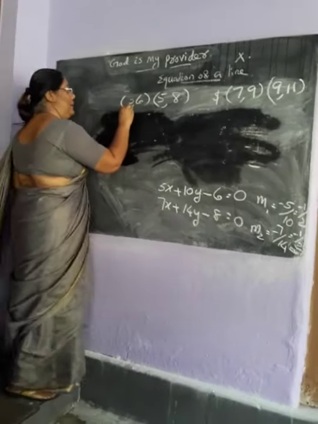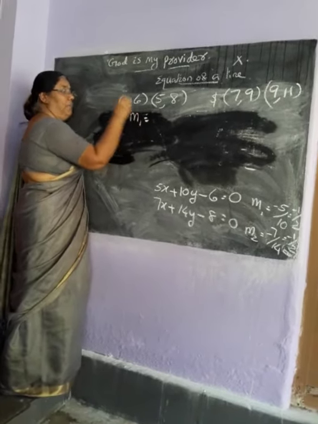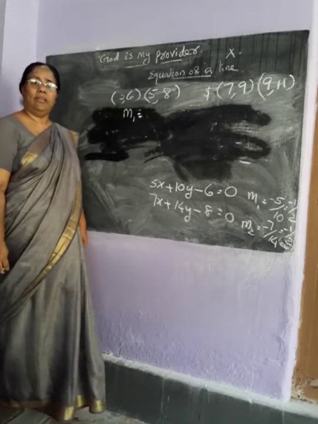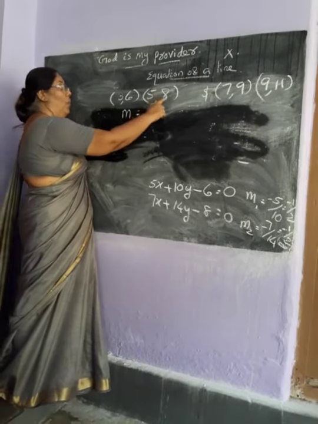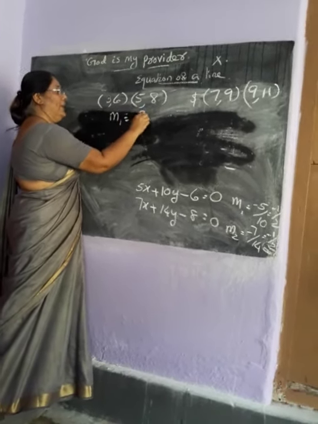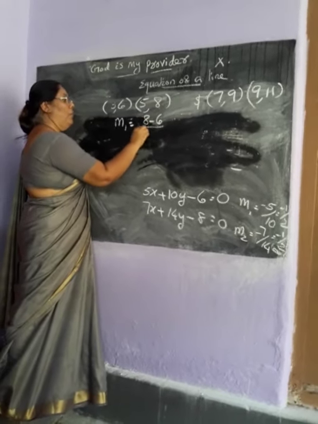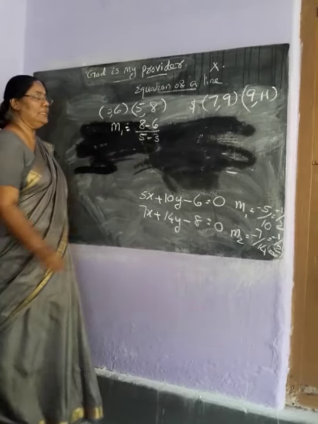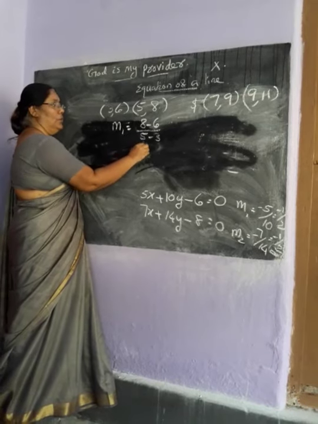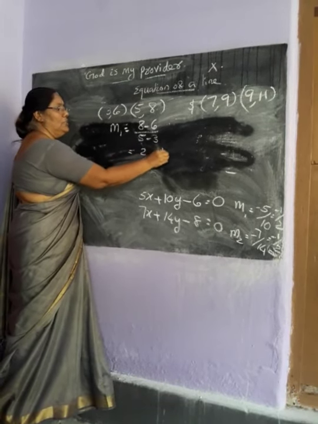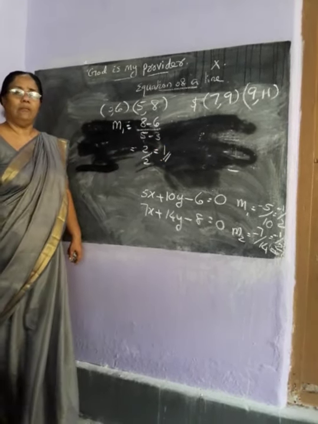Here you can find m1. If two points are given, m1 is equal to y2 minus y1 by x2 minus x1, 8 minus 6 by 5 minus 3. What is 8 minus 6? 2 by 2, that is equal to 1. Slope is equal to 1.